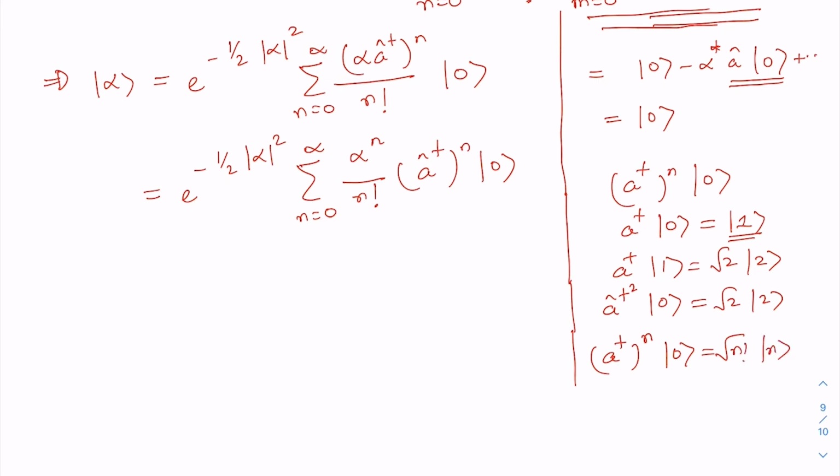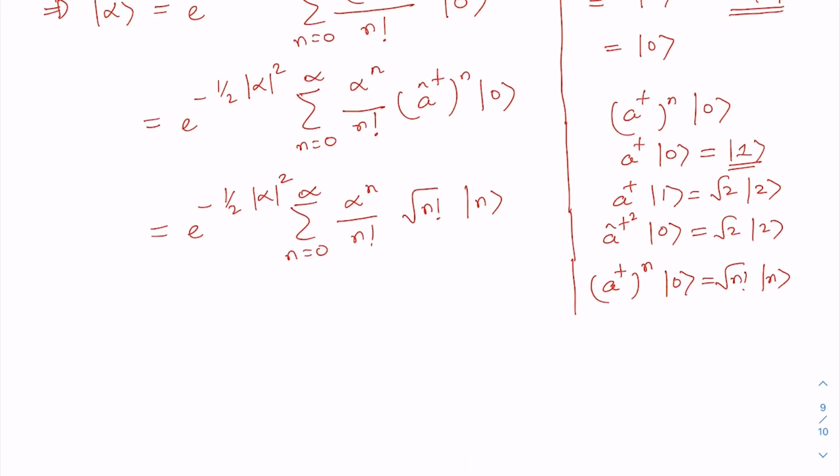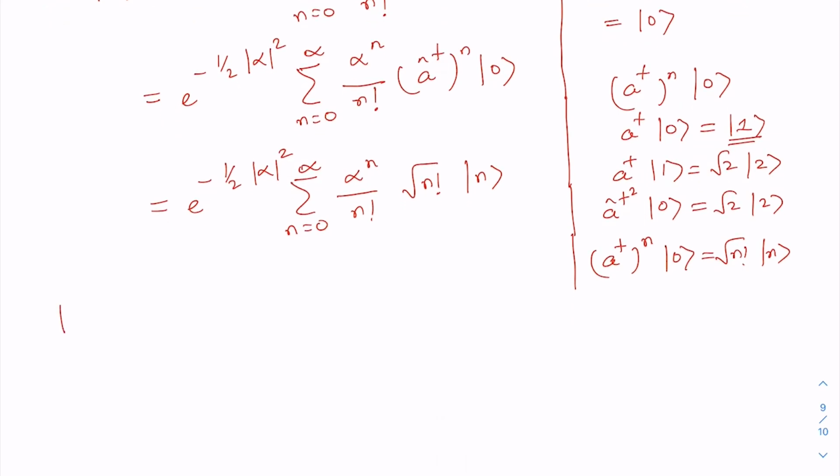And so from here I can write it as e to the power minus half mod alpha square, summation n is equal to 0 to infinity, alpha to the power n by n factorial, root over n factorial, ket n. And thus I can write the expression for the coherent state as e to the power minus mod alpha square by 2, summation n is equal to 0 to infinity, alpha to the power n by root n factorial, ket n.